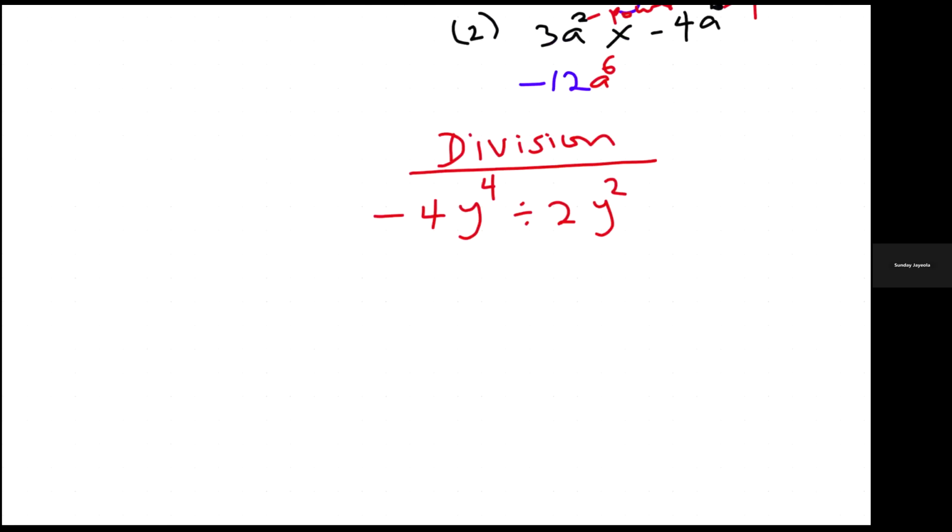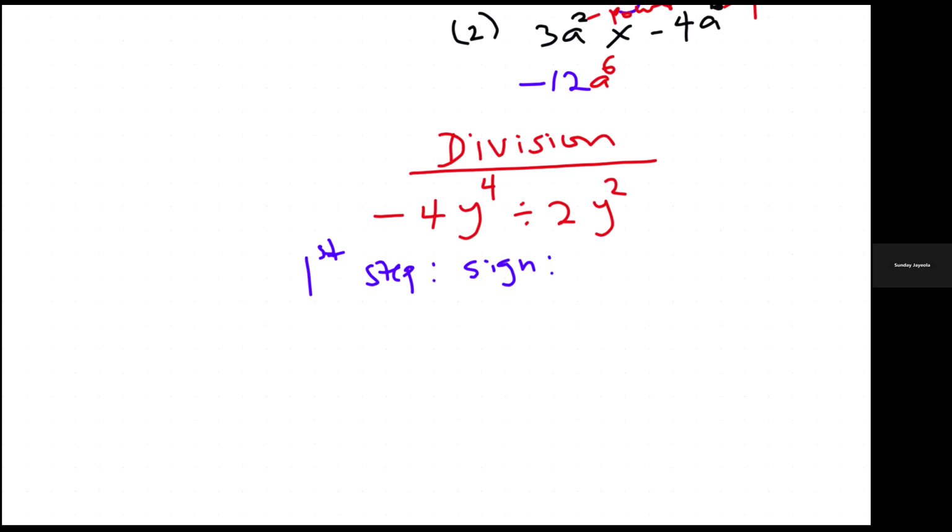The first step is the sign. And what is our sign here?